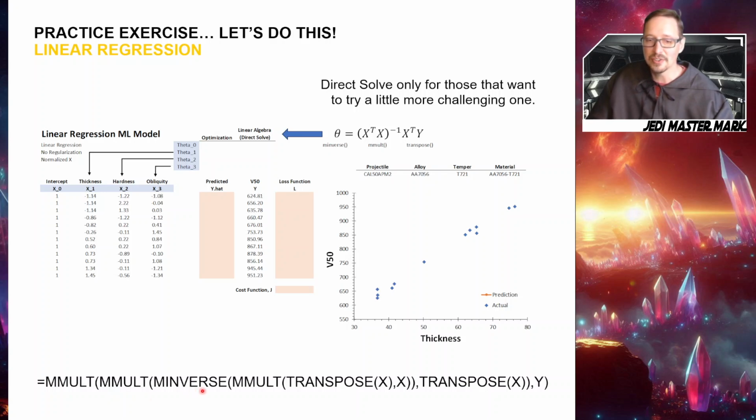You can see this matrix inverse is that first term, which is a matrix multiplication of the transpose of X times X, so you need to do that first. Then you invert it. Then you matrix multiply that by X transpose. And then you matrix multiply that by Y. And that gives you those model parameters that we showed in just the last screen.